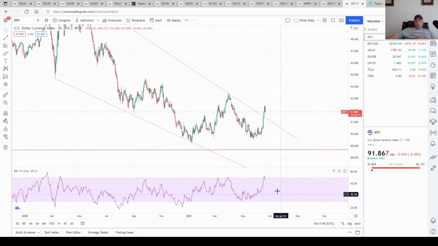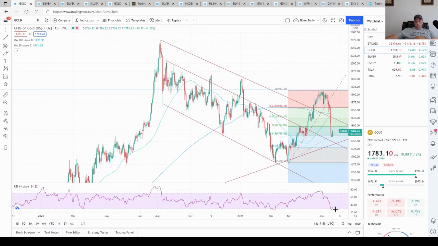So this was also part of what was in my mind for buying at that point in time, because you were seeing the RSI on the DXY at a top, and you were seeing the RSI on gold at a bottom. So again, just more indicators to add to your toolbox. You look at sometimes how the DXY performs inversely to gold. So add that if you want, and have a good day.